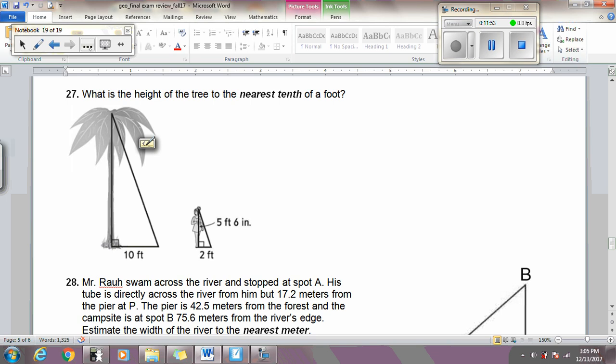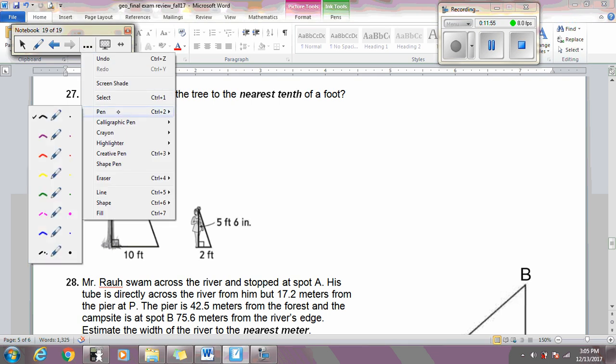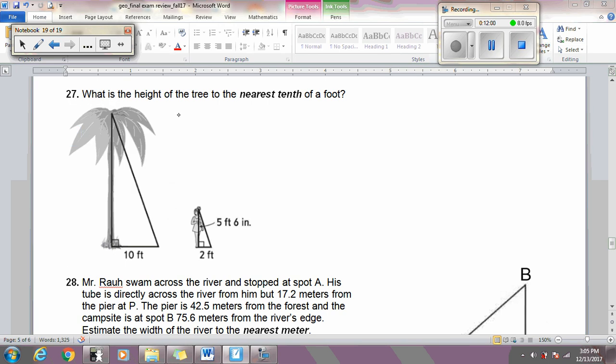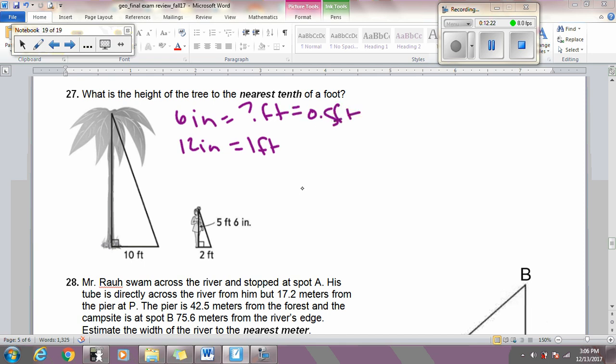The easiest thing to do is to convert it to feet, because you should recall, just common knowledge, that 12 inches is equivalent to 1 foot. So if I have 6 inches, how many feet do I have? Well, I have half, or 0.5 feet. So the side that's pointing to the girl is 5.5 feet.